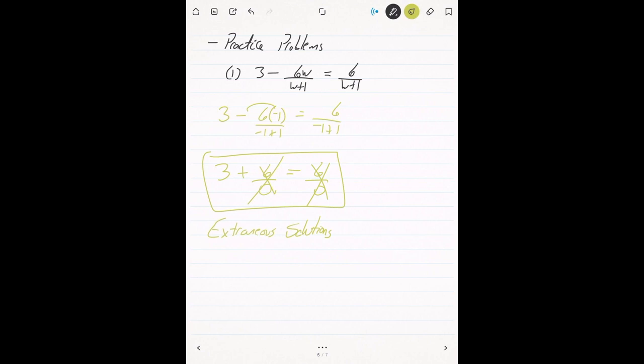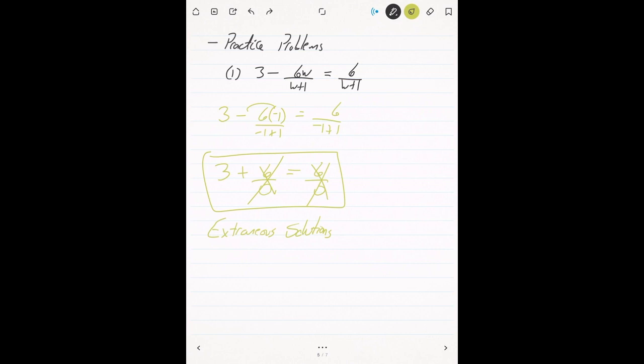The trouble here is when we were solving this, we attempted to solve it like we would solve a linear equation. This rational equation has a domain that's not complete. Linear equations have domains of negative infinity to infinity. These have domains that aren't complete. They have asymptotes, things that can't be plugged in for the variable.